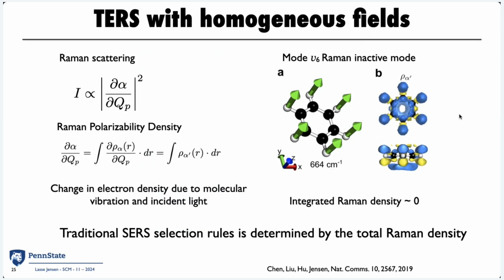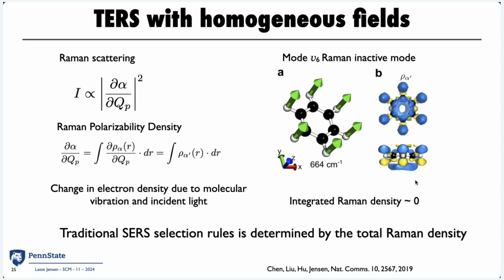When you plot it here, this is the Raman density of a benzene molecule. This turns out to be an out-of-plane vibration of a benzene molecule, the nu 6 mode. This is a Raman inactive mode. The way to understand this from looking at the Raman density is that the colors here, the blue and the yellow, correspond to density changes with opposite signs.